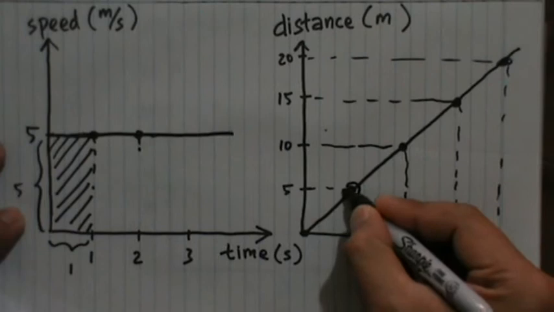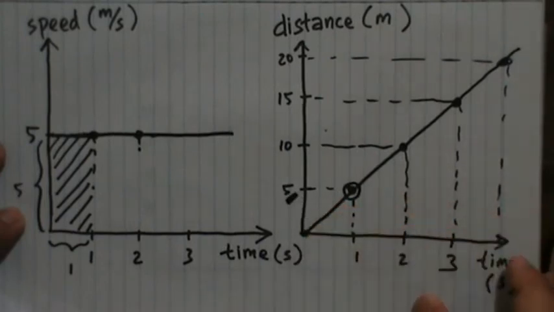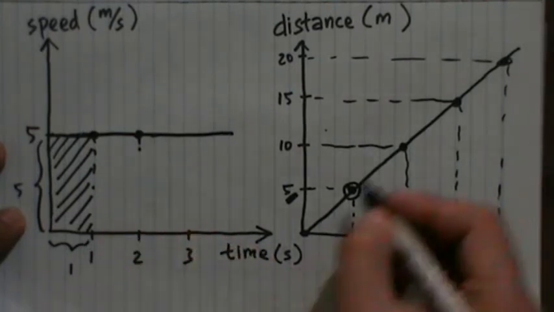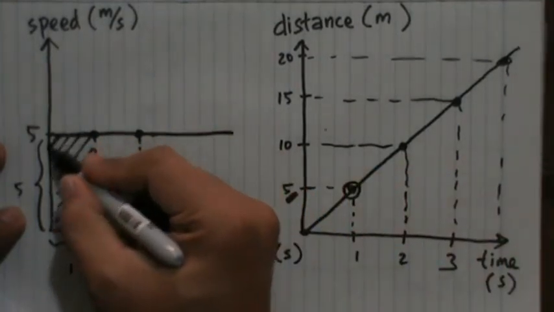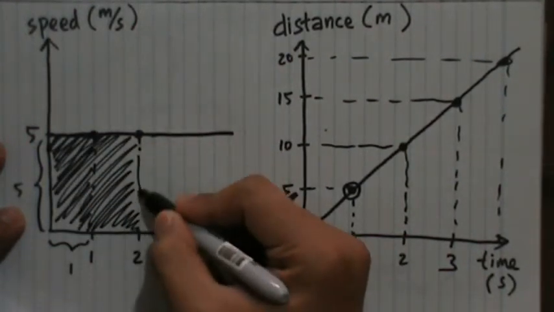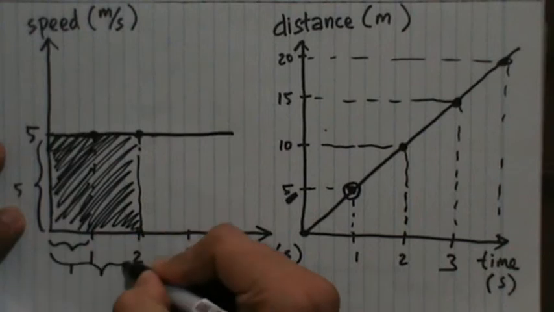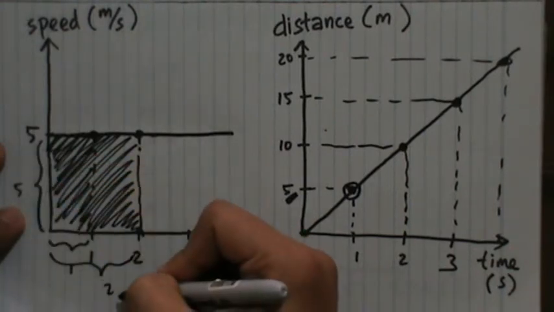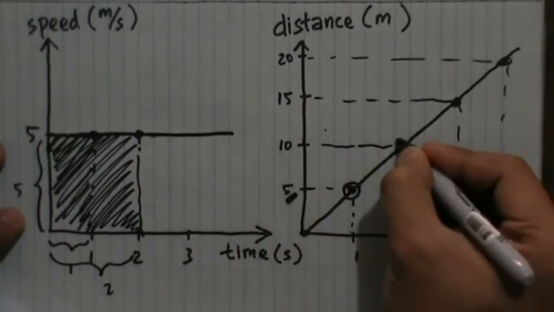And this is actually the value of the distance until 1 second. If you find the area until 2 seconds, the value of the area is 5 times 2, which is 10.